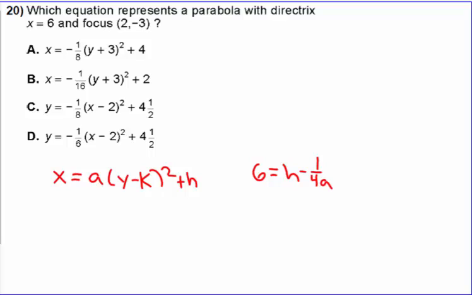And we know that the formula for the directrix is h − 1/(4a), so I set that equal to 6. And we also know the x value of the focus is equal to h + 1/(4a). So now we can get h by itself and use a system of equations to solve.